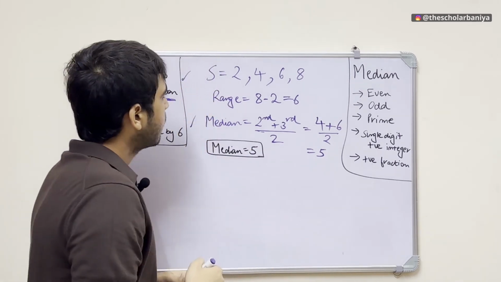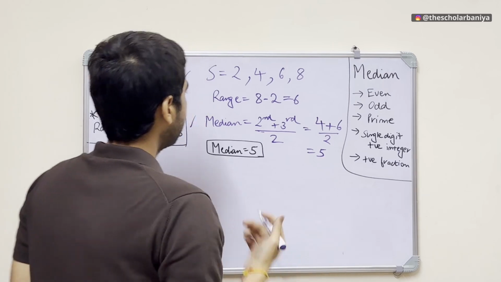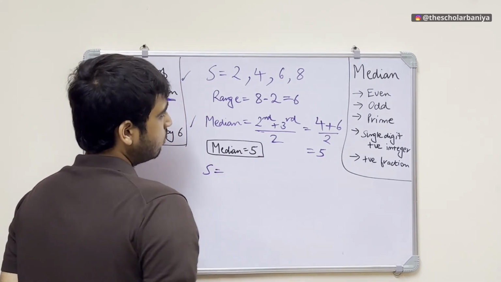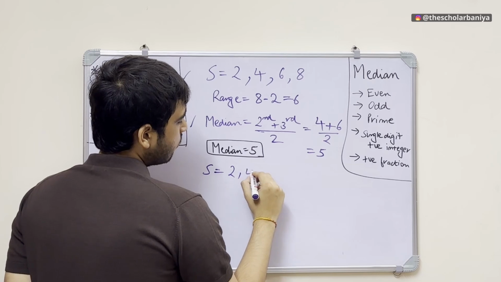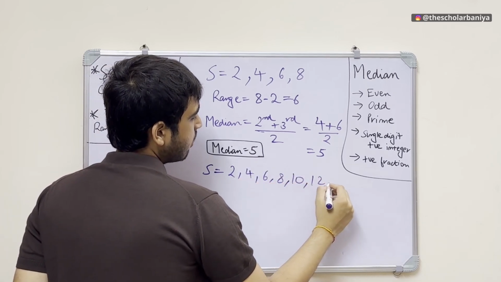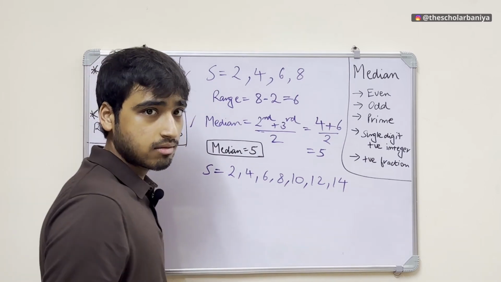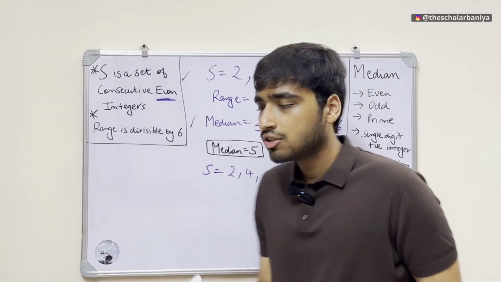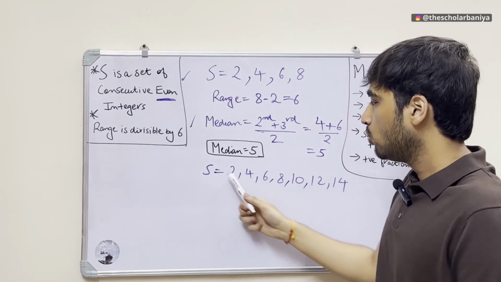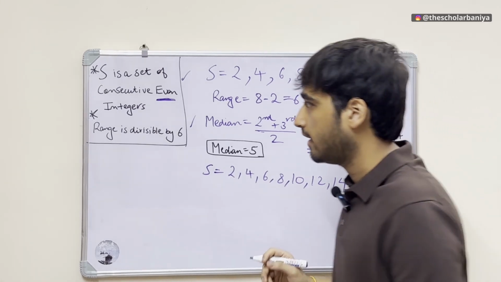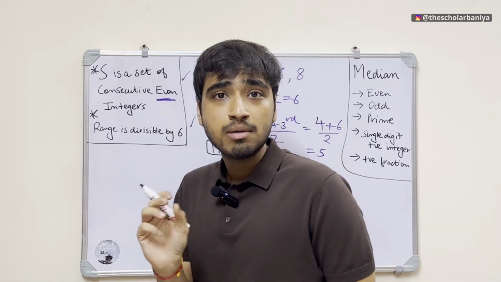Now let's take one other case. For example, S is 2, 4, 6, 8, 10, 12, 14. This is a set of consecutive even integers, so this is absolutely fine. The range should be divisible by 6.